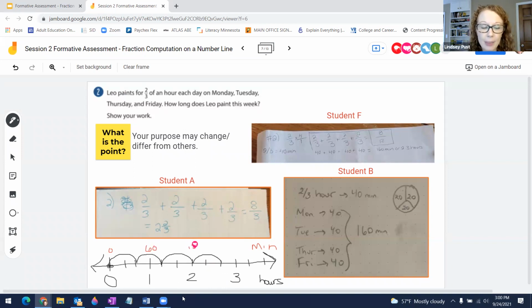If I break that hour up into 3 parts, that 2/3 is 40 minutes. And that's what I am repeating 4 times. So bringing in a visual like this could be a helpful strategy to help clear up any misconceptions as you are talking about student work.